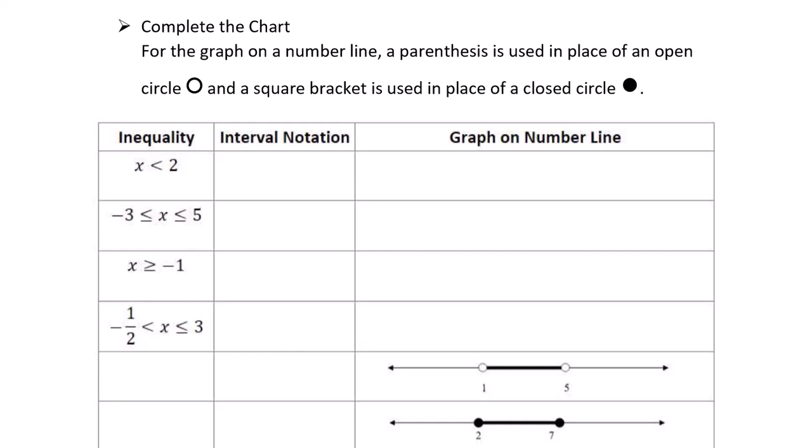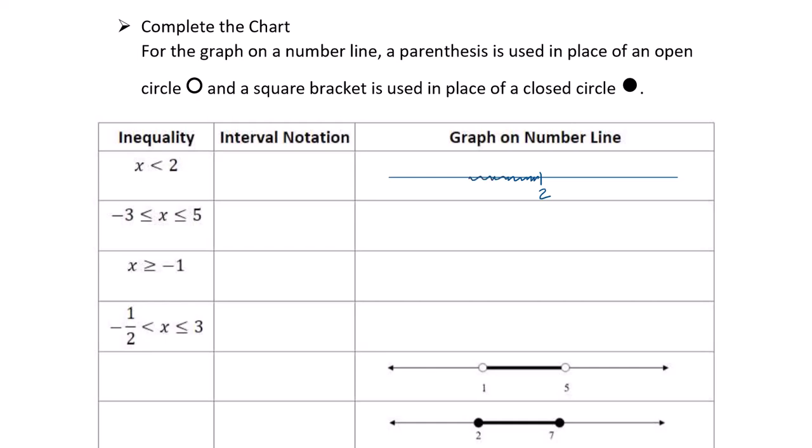Complete the chart. For the graph on a number line, a parenthesis is used in place of an open circle, and a square bracket is used in place of a closed circle. Here our inequality is x less than 2. When we graph this, we can just graph the boundary point in question, and we know x less than 2 should be shaded.